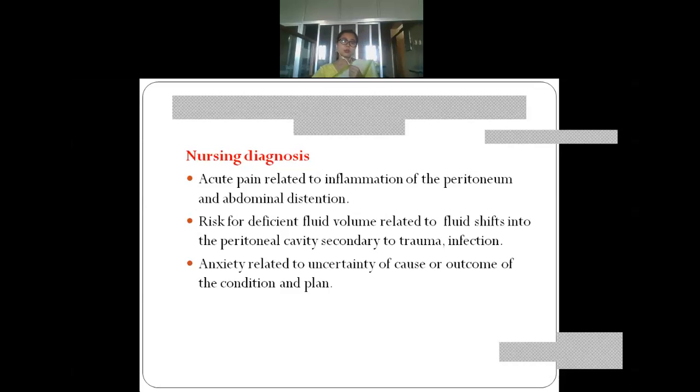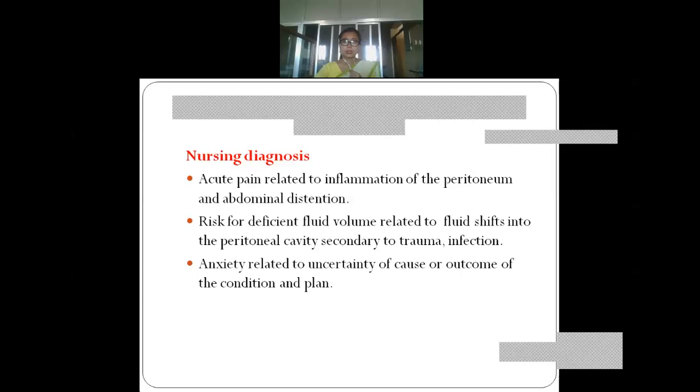So let's talk about this. The first nursing diagnosis is acute pain. The goal for acute pain is to reduce the pain. In the intervention or planning, first we should assess the level of pain.